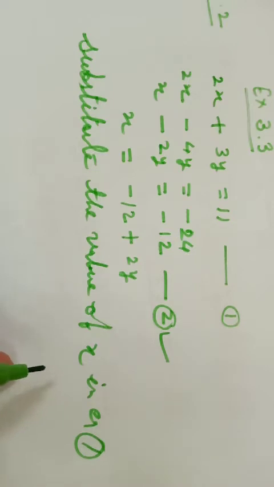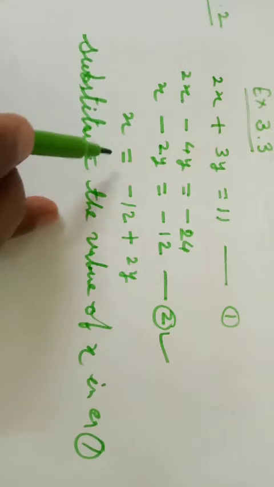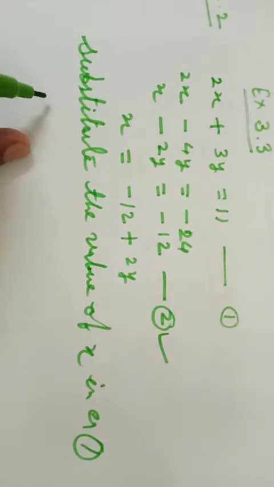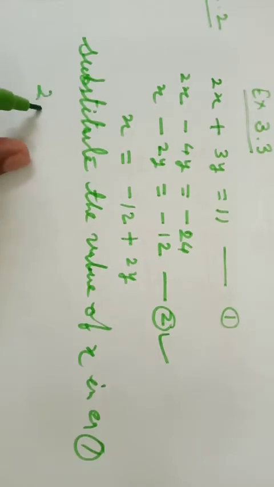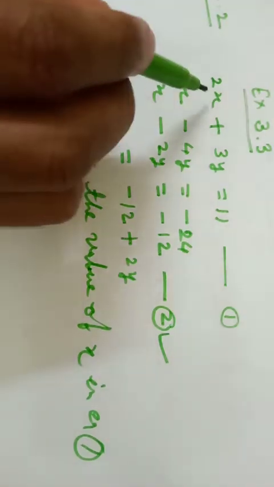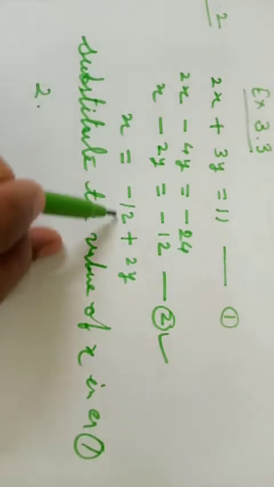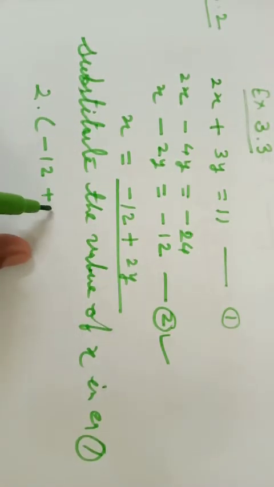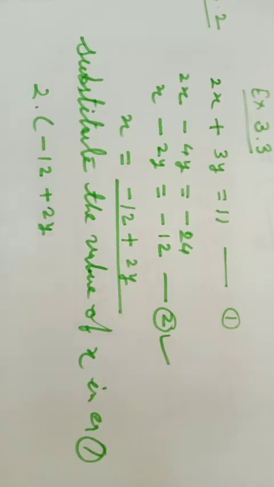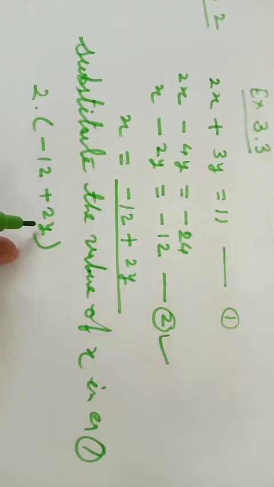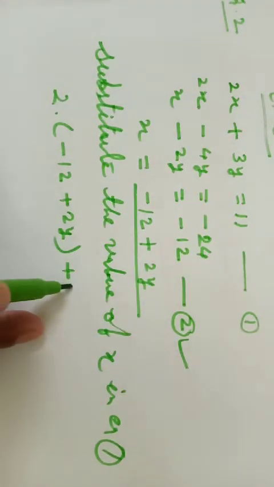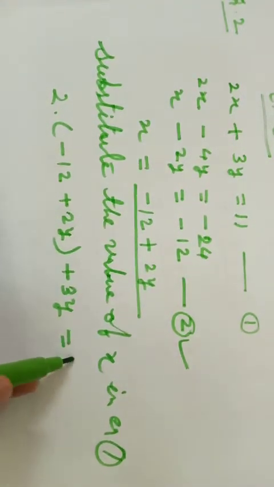Because we got x from linear equation number 2, we should substitute the value of x in linear equation number 1. So linear equation number 1 is 2x, and what is the value of x here? Minus 12 plus 2y, so 2 times minus 12 plus 2y, and the next term is plus 3y is equal to 11.